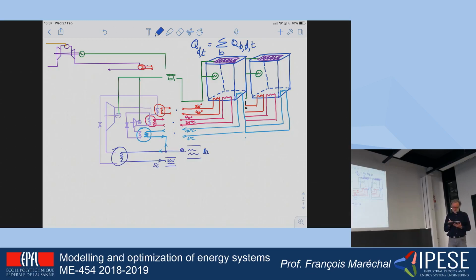And so this is the lake. It is here. And I'm going to take the energy from the lake in order to, for example, supply the heat to this distribution system here via the consumption of a given amount of electricity that I will have to connect on the electrical grid.